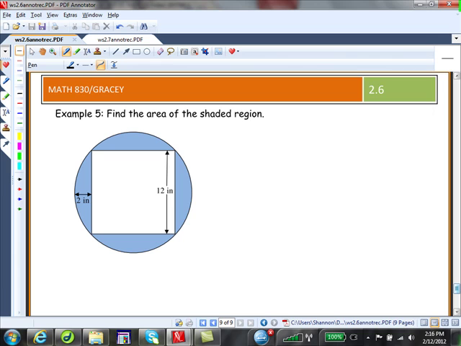I don't know. Let's see what we have. If you look here, do you see this also has to measure 12 inches?